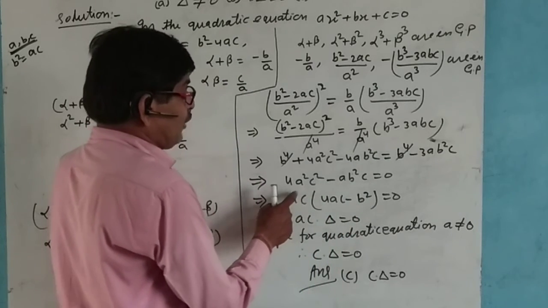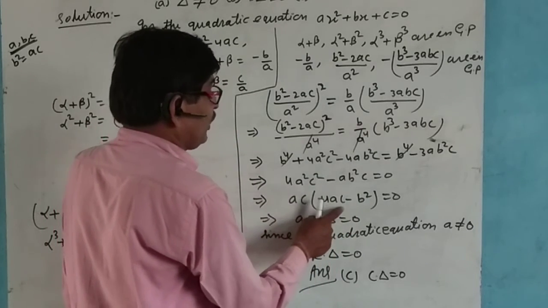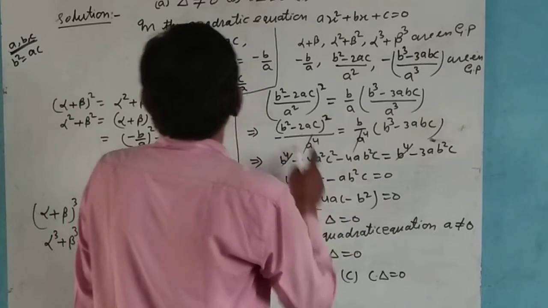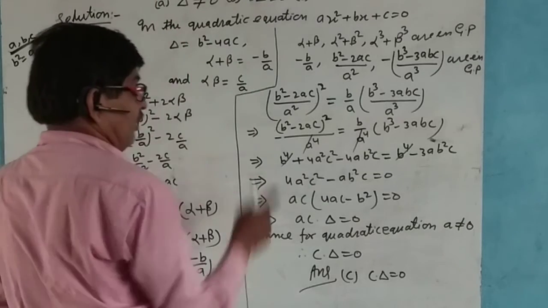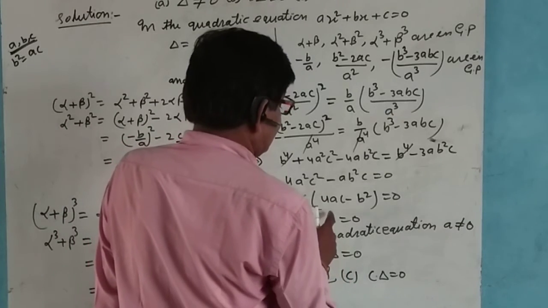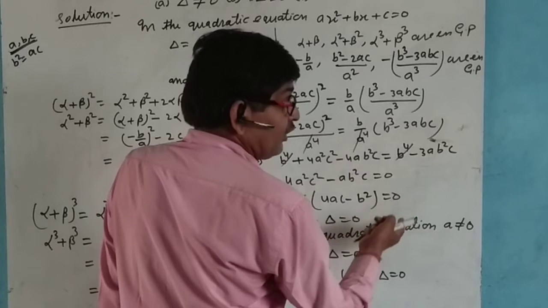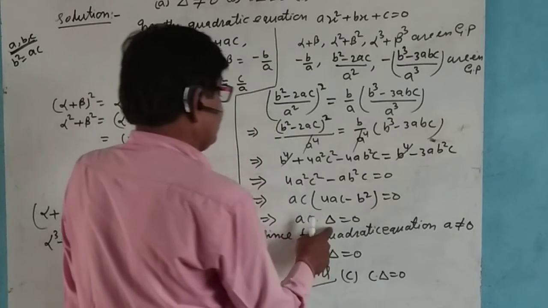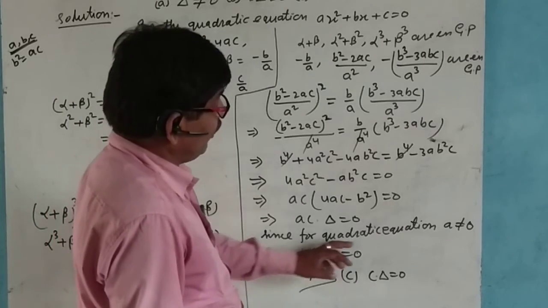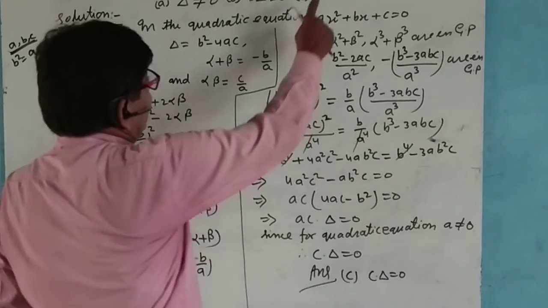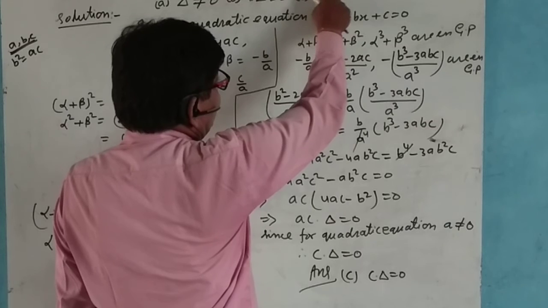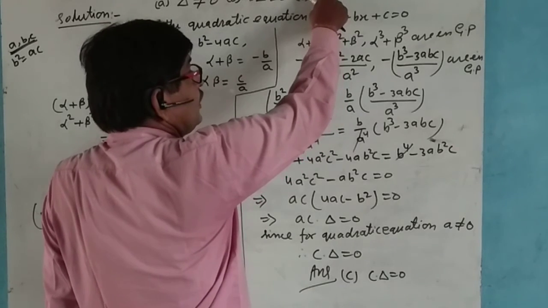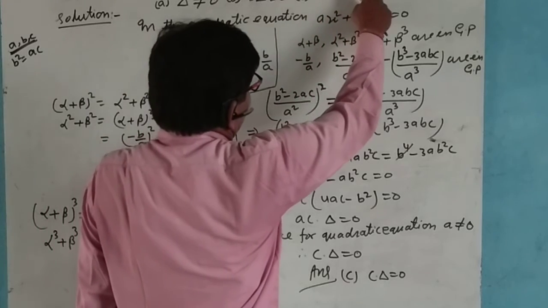Now we take the common a and c here: 4ac minus b square, and b square minus 4ac is delta. If we take this minus so that it becomes positive, we get ac into delta equal to 0. Since it is a quadratic equation, a does not equal 0, because if a is 0, this is not a quadratic equation.